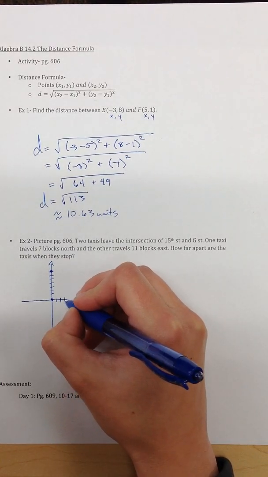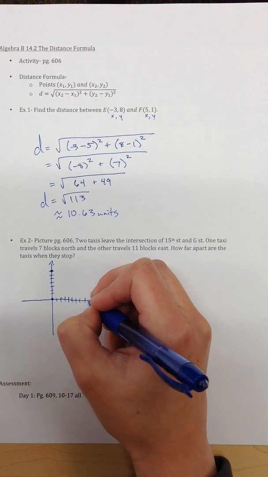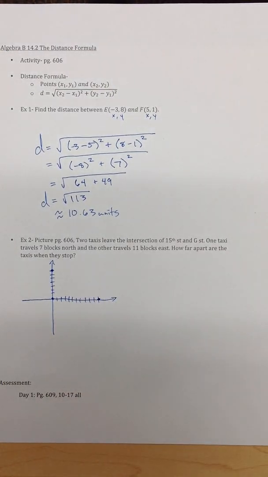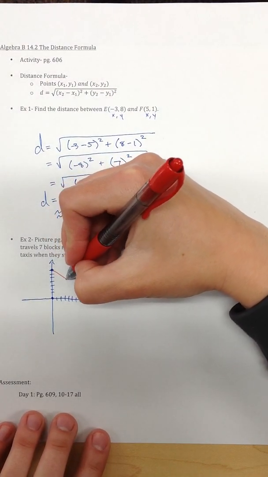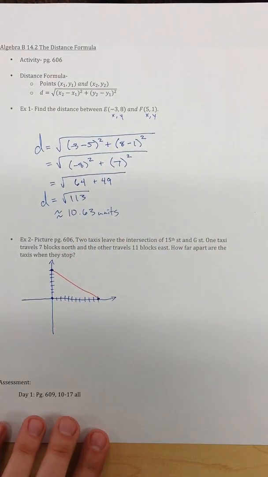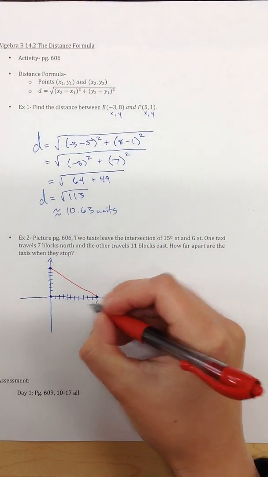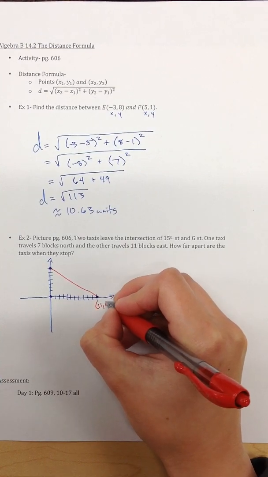So 1, 2, 3, 4, 5, 6, 7, 8, 9, 10, 11. What they want us to do is, when those taxis stop, find the distance between them. So this point here would be over 11, up 0, so 11, 0.